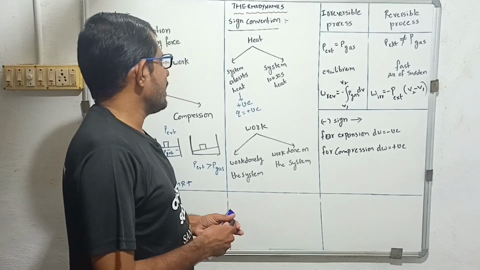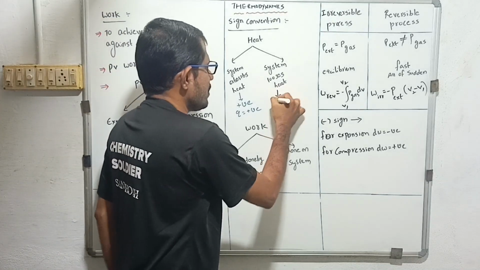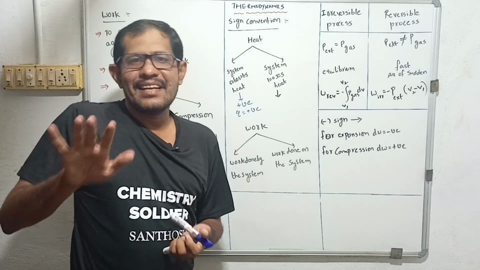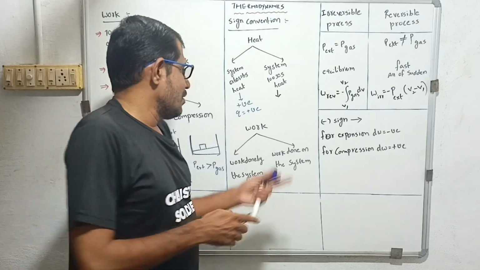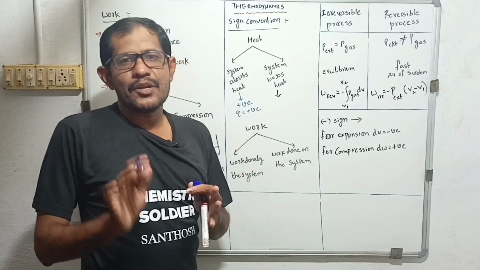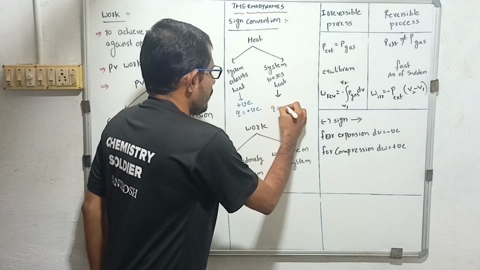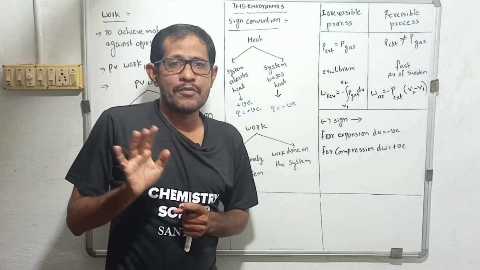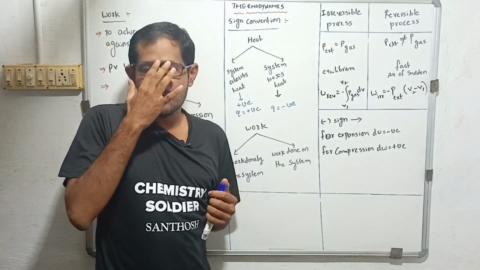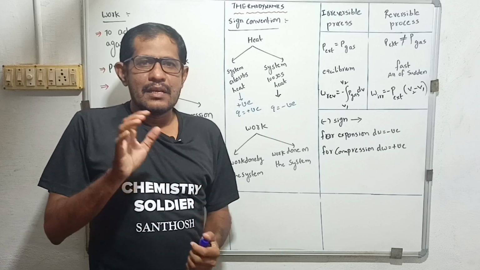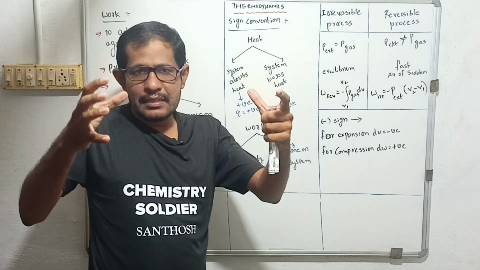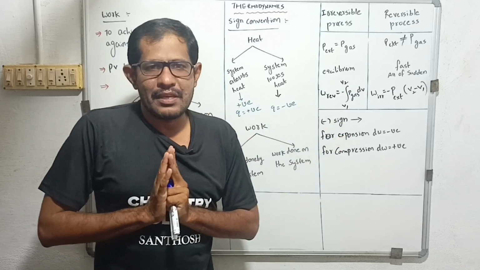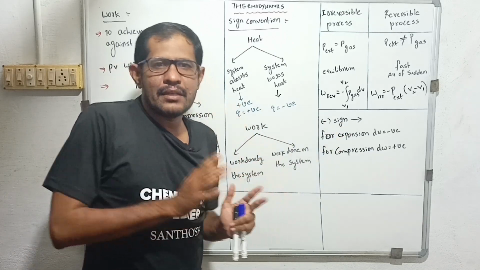When a system loses heat, there is a decrease in energy. Decrease in energy means negative, so Q is negative. One thing you remember, otherwise you may get confused: if a system gains energy, or there is an increase in energy, give the positive sign, whether it is heat or work.